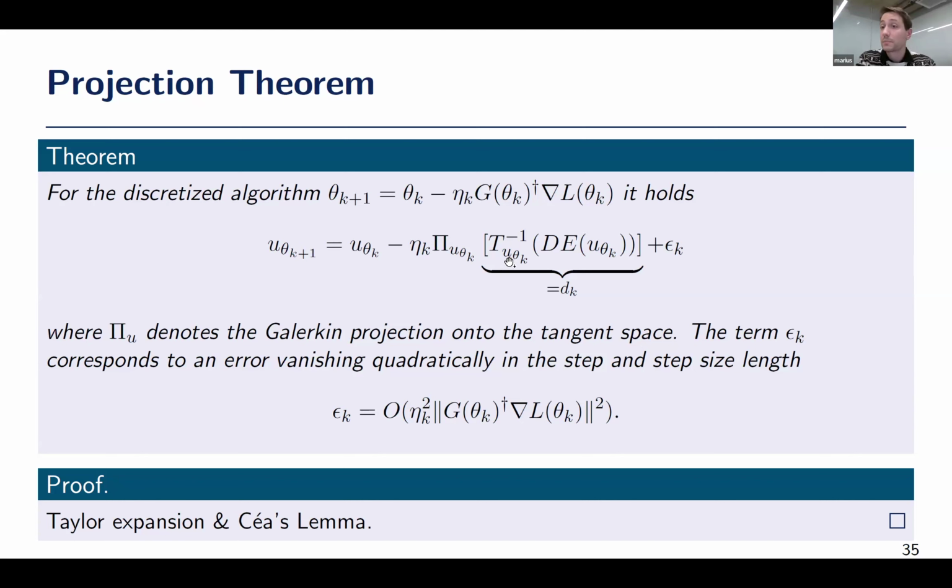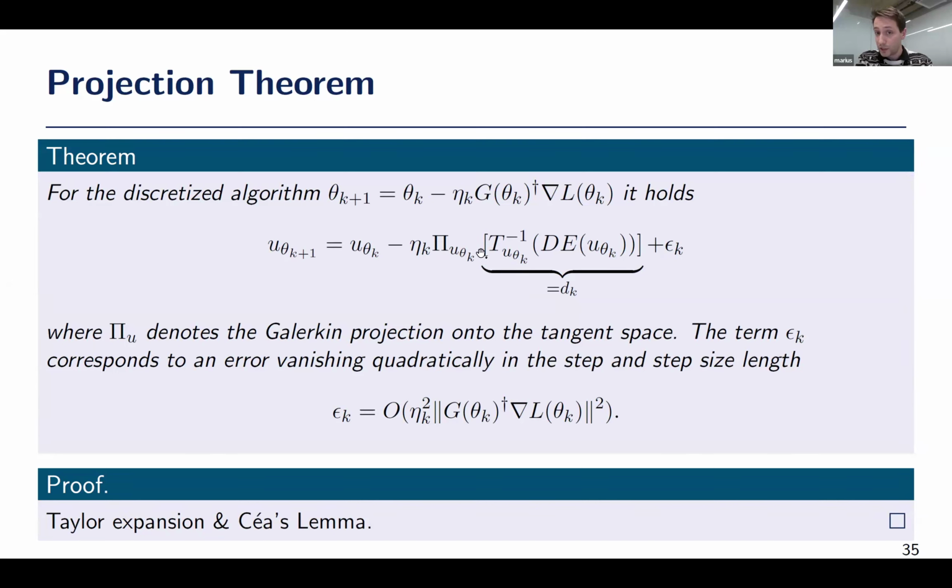This also, for example, generalizes natural gradient methods, which typically would require this T to be symmetric. Here there's no need for symmetry. You need coercivity, and then you get a Galerkin projection, so it's still a quasi-best approximation. You're following the function space dynamics.